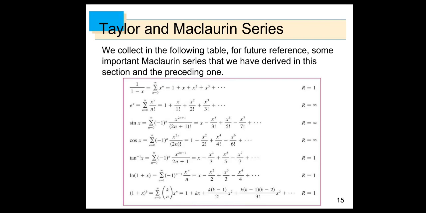So the remainder for 1 by 1 minus x is 1, and for e to the power x it is infinity, sine of x is infinity, cos of x is infinity, tan inverse x is 1, natural log of 1 plus x is infinity, and 1 plus x to the power k is infinity. So you can use these values as a reference.